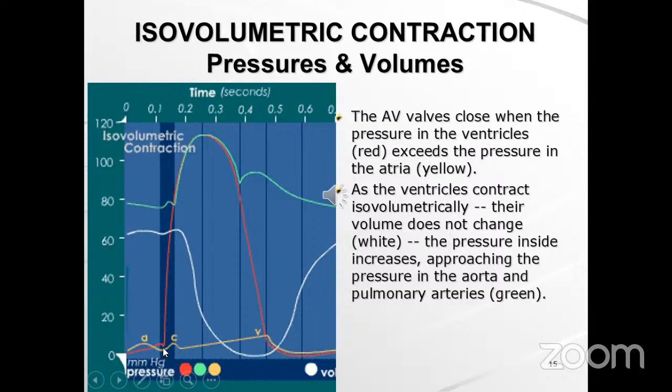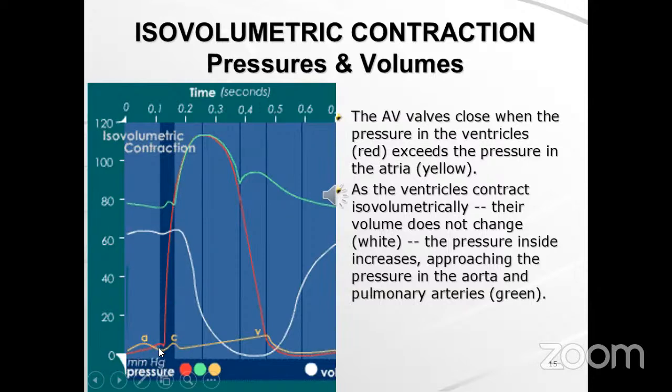As the ventricle contracts isovolumetrically, there is no change in the volume, see the white line, but the pressure is sharply shooting up. The pressure moves up and approaches the pressure of the aorta and the pulmonary arteries, that is the green line here.